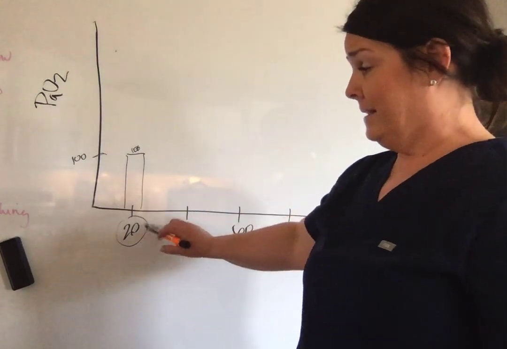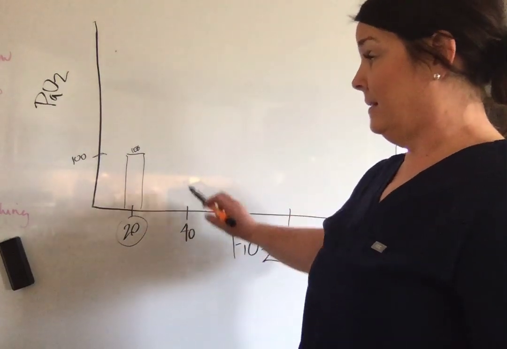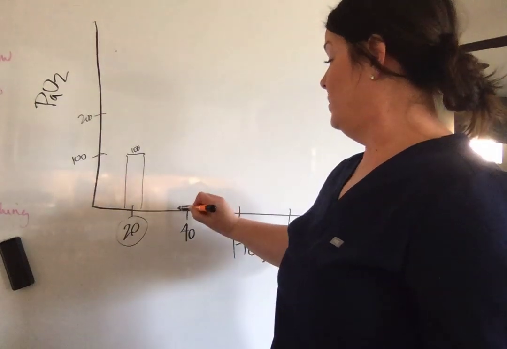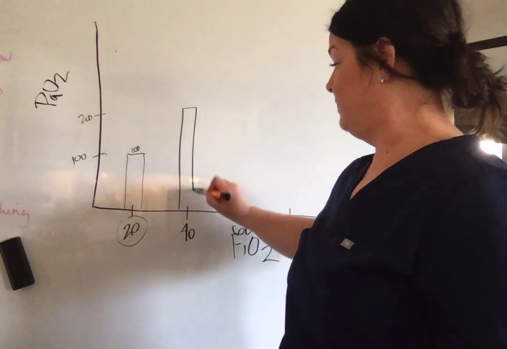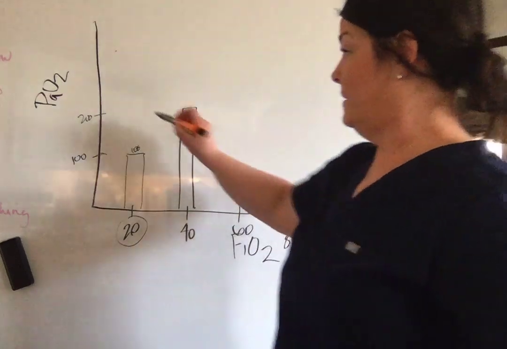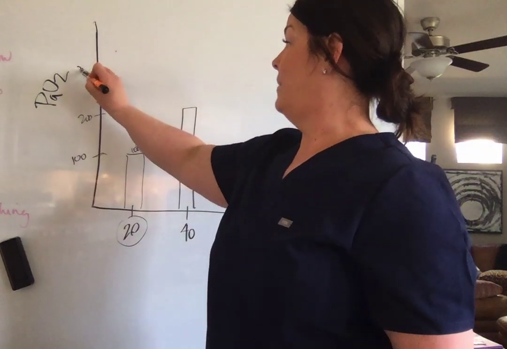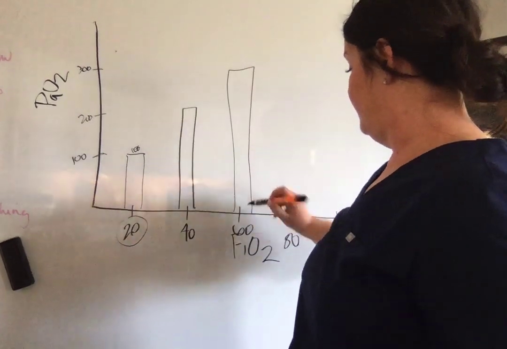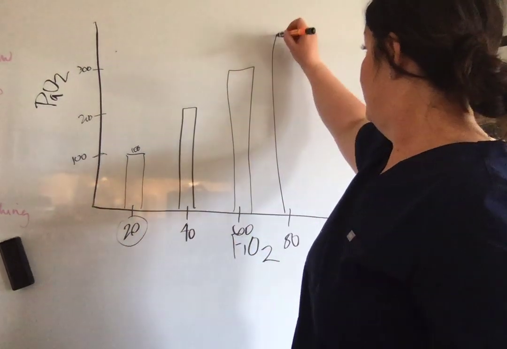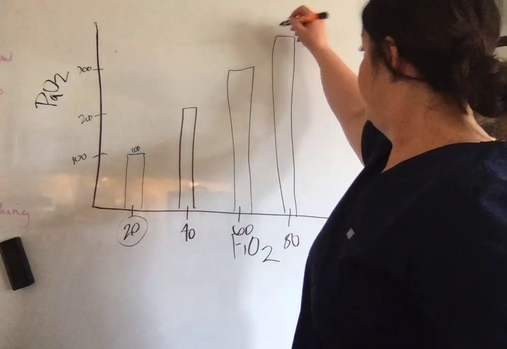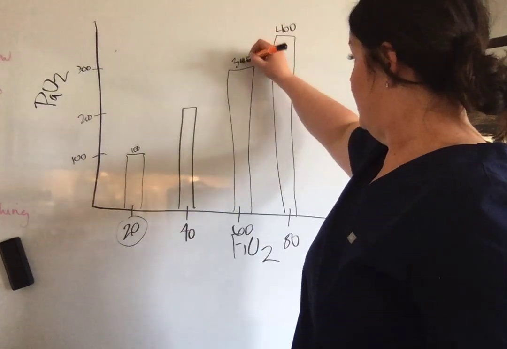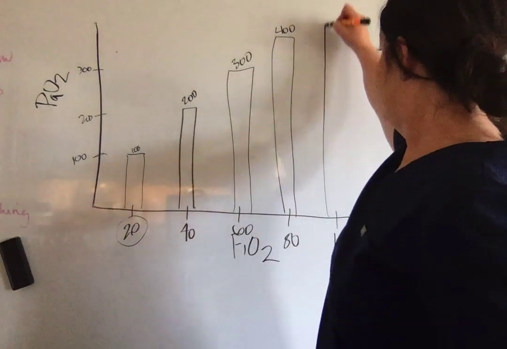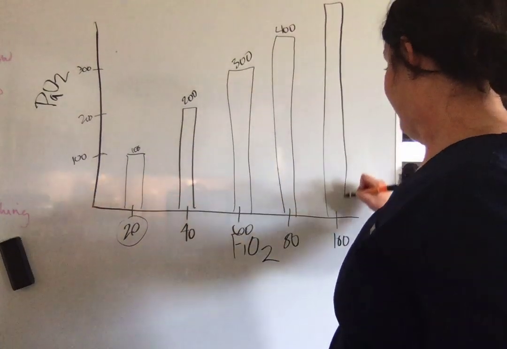If I double it from 20 to 40%, I would expect my PaO2 to go up to 200. If I go to 60%, I would expect that to be around 300. 80% would be about 400. And then 100%, we would expect that to be 500 to 550.